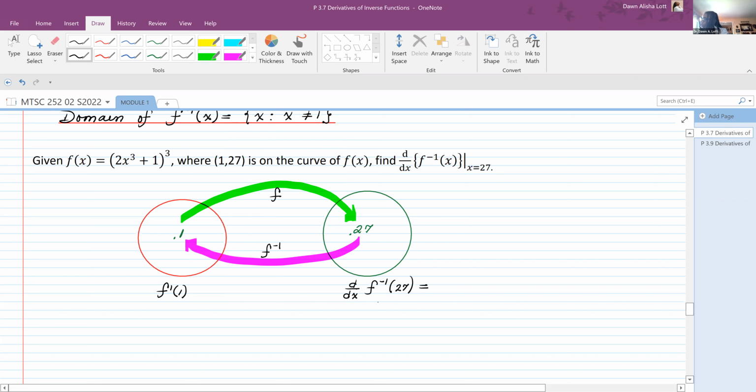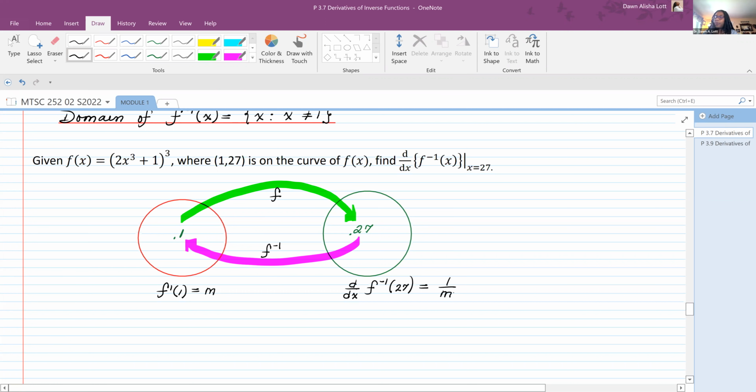Now what you need to do is go back to the original domain of f, find its derivative at 1, and call that m. And then what we're looking for, the derivative of f inverse of x at 27, is going to be 1 over m.